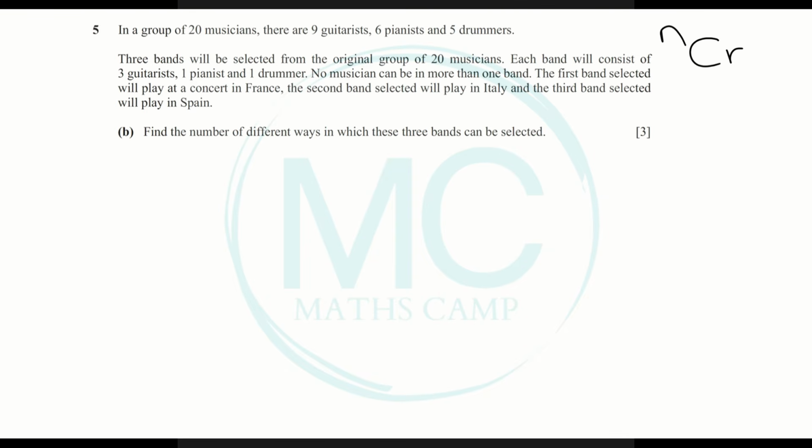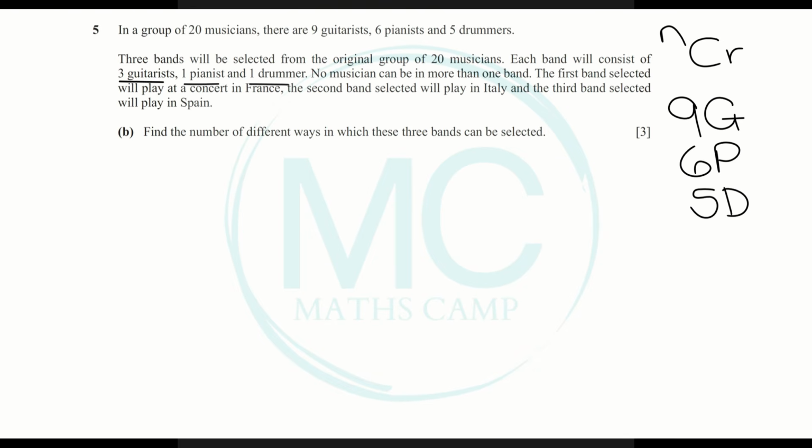This means that once a musician has been selected for a band, they cannot be selected again. So let's look at our musicians. We have 9 guitarists, we have 6 pianists, and we have 5 drummers. Each band has 3 guitarists, 1 pianist, and 1 drummer.